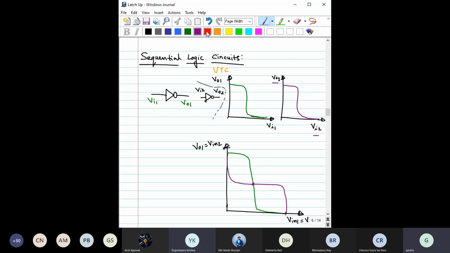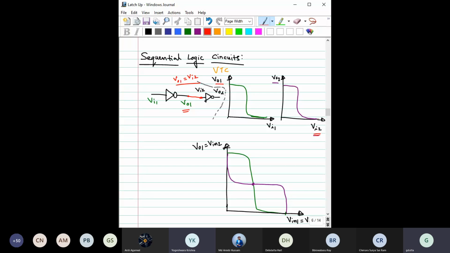Now, I am saying something here. I want to connect this, then VO1 becomes equal to VI2, right? And one more thing, I want to plot these two VTCs in a single plot like this. Then you see this is VO1, which is the same as VI2.